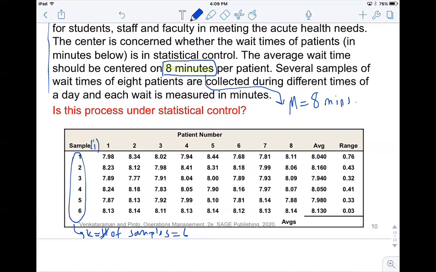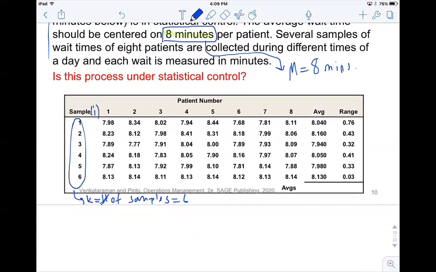Sample size would be the number of observations in each sample. In other words, we call this sample size. And our sample size in this problem is actually 8.